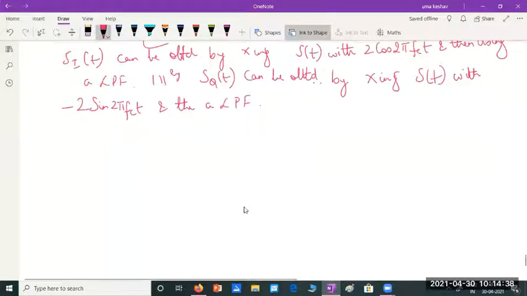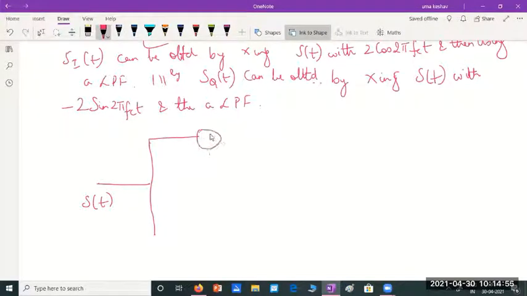Write this implementation first. So what is given to us? We are given S of t now. I am supposed to generate Si and Sq. So first thing what I should do, I should multiply S of t with 2 cos 2 pi fct.